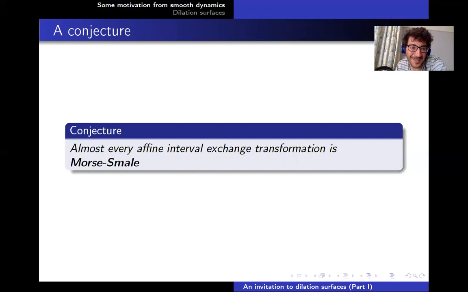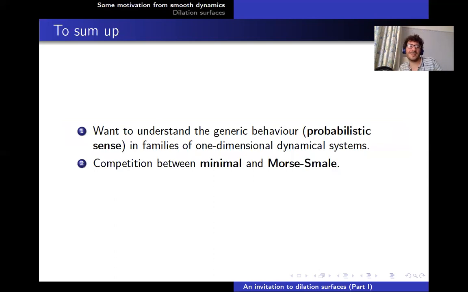Anyway, to sum up, what we want to understand is what happens in some parameter families. It's hard to make a case for that type of dynamical system instead of another. Probably sometimes you would go for this one because you have a good idea how to tackle the question, and it's the case for those piecewise affine maps.